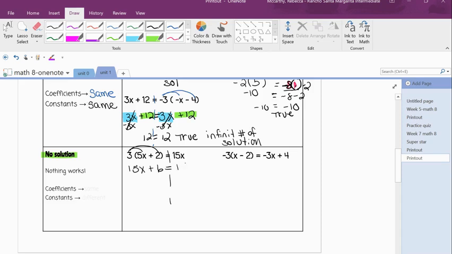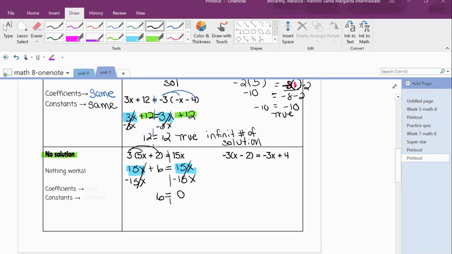And on this side, I have 15x. I'm going to highlight my coefficients. Notice they too are the same. So I'm going to subtract 15x from both sides, because whatever I do to one side, I do to the other. And I get 6 equals 0.